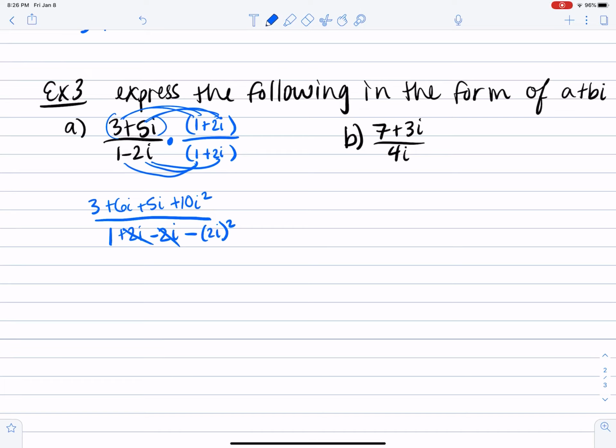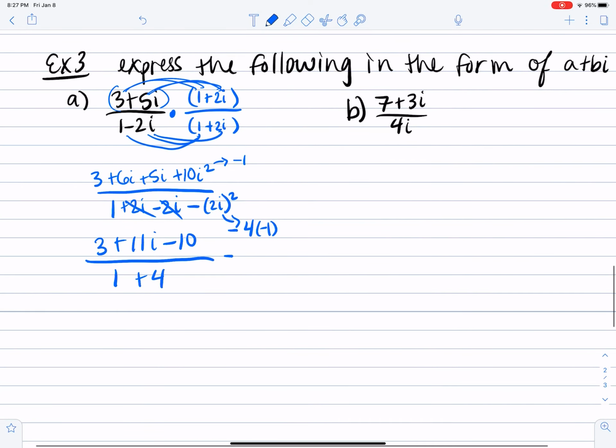Then we're going to simplify the top. The top becomes 3 plus 11i plus, and remember, this i squared is negative 1, so this is going to be minus 10 on the top. And then the bottom is 1, and then 2i squared is the same as 4i squared, which is negative 1, and then we have this negative in front. So that becomes positive 4 down there.